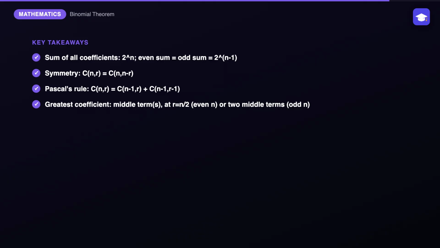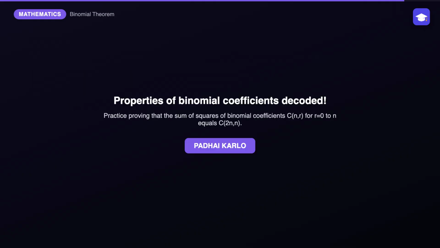Choosing the right substitution for a given identity, and not confusing greatest coefficient with greatest term, are the keys to this topic. That's the properties of binomial coefficients. Keep the clever substitution technique and Pascal's rule sharp. They unlock nearly every identity-based question in this chapter.